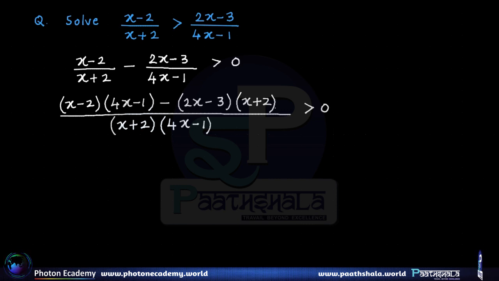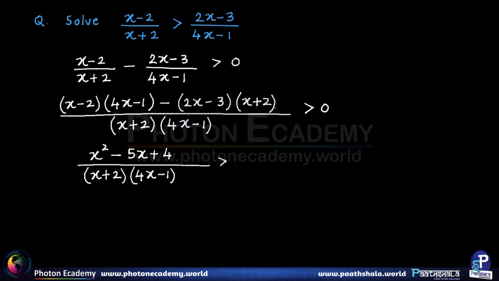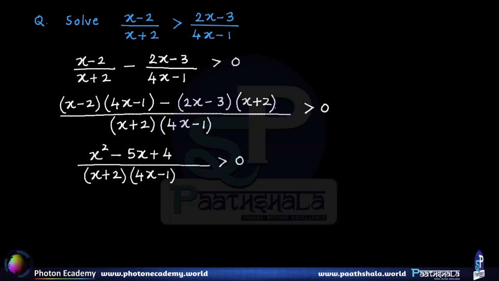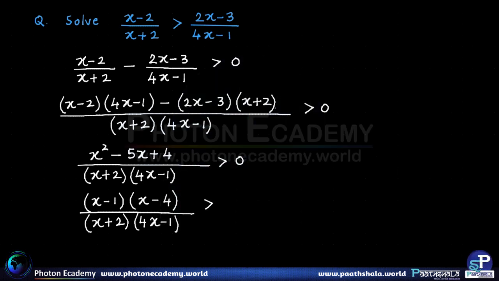Now on simplifying the numerator, we'll have to multiply both the brackets, then collect all the like terms. We finally get x square minus 5x plus 4 in the numerator divided by x plus 2 into 4x minus 1, greater than 0. Now we can see that the numerator can be factorized into two factors, which are x minus 1 and x minus 4, divided by x plus 2 into 4x minus 1, greater than 0.